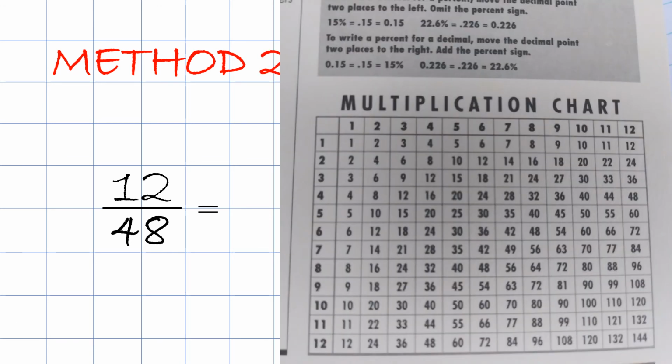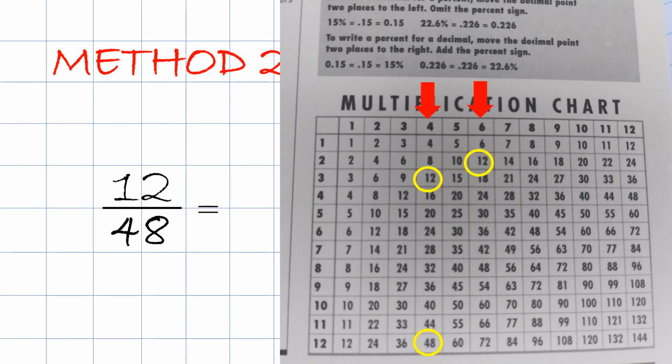Here we have 12/48. And once again, we're just going to do a multiplication chart. And you have to find a 12 and a 48 in the same column. So when we look at this multiplication chart, we see that column number 4 has a 12 and a 48.